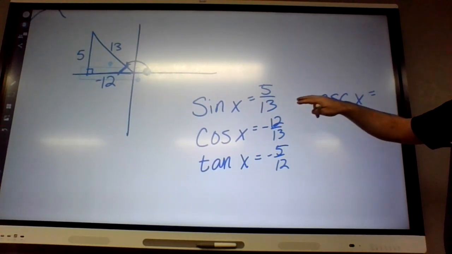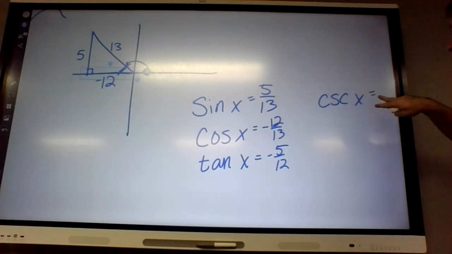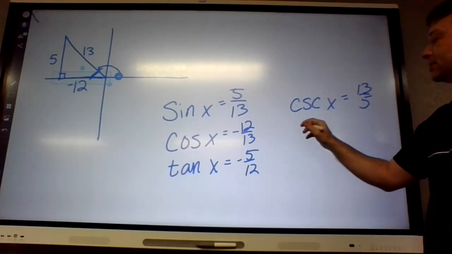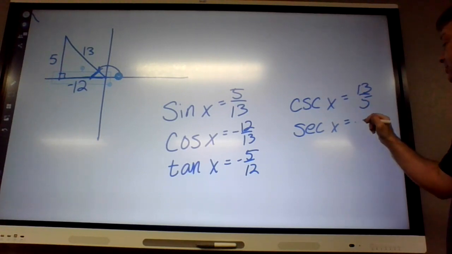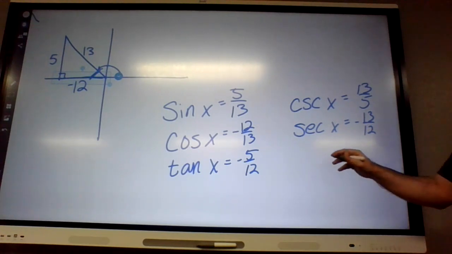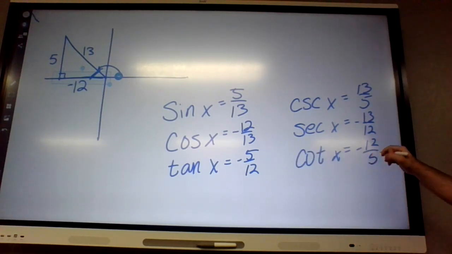So this part's kind of easy, as long as you remember what goes with what. If this is 5 over 13, this is 13 over 5. What goes with cosine? Secant. So it's going to be negative 13/12. You flip it, you don't switch the negative though. Cotangent will be negative 12/5.